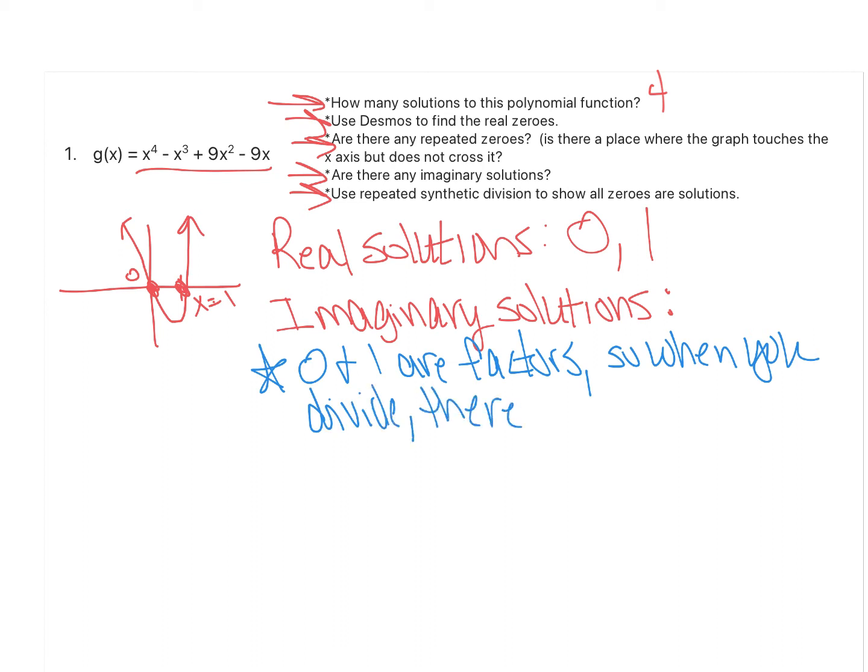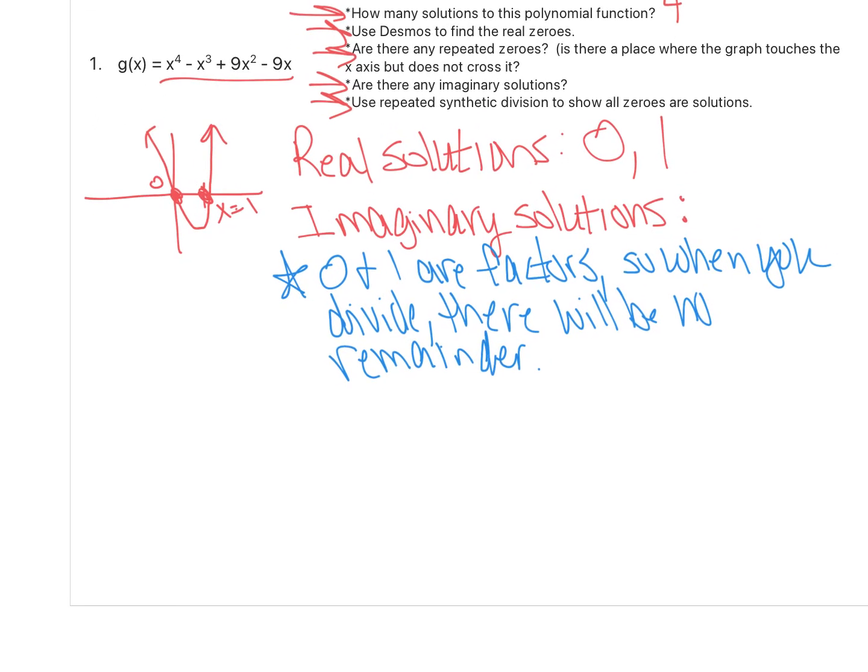That's what the definition of a factor is. There will be no remainder. So if we take our solutions that we have, 0 and 1, and synthetically divide from our polynomial, we should be able to get down to a place where we can actually solve.